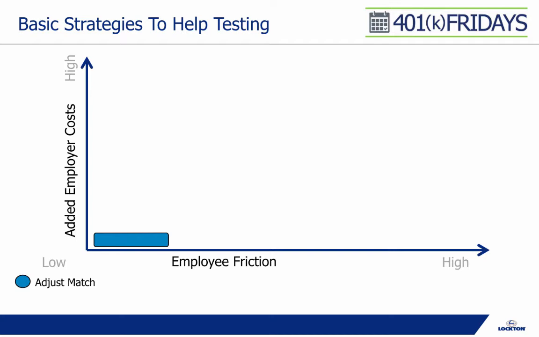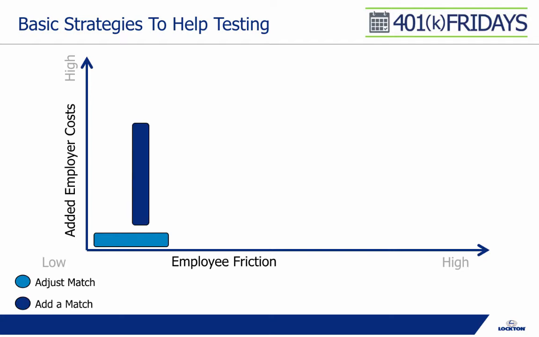As a result, you'd likely see a lot of employees increasing their contributions, which would raise the actual deferral percentage of your non-highly compensated employees and allow your highly compensated employees to keep more money in the plan. This would add employee friction likely because you're going to have to communicate about the match. People are going to have to change their contribution rates, but it would not likely add a lot of employer cost.